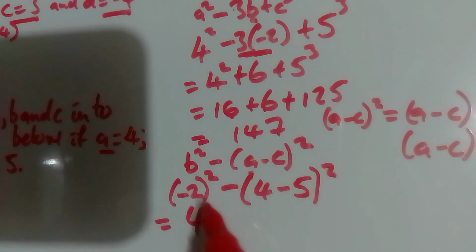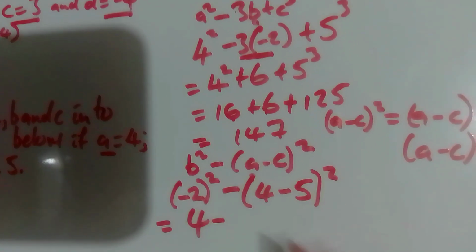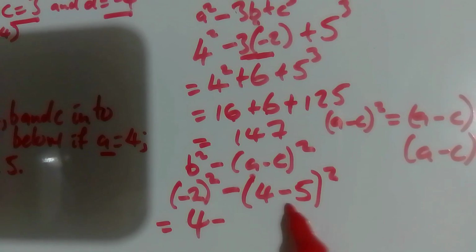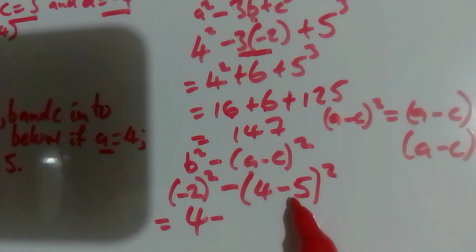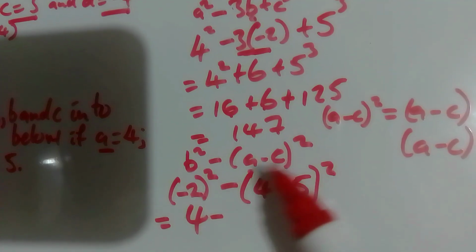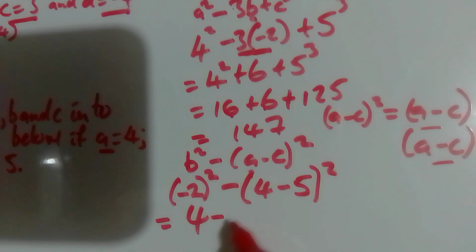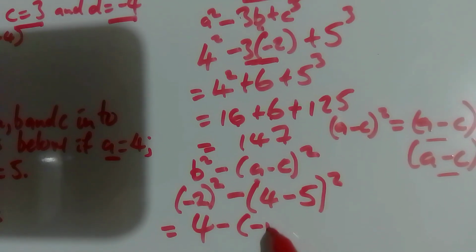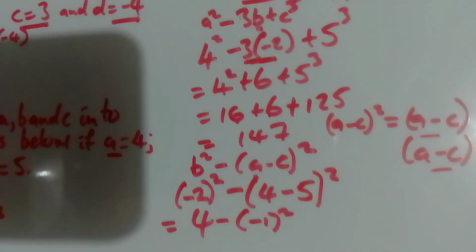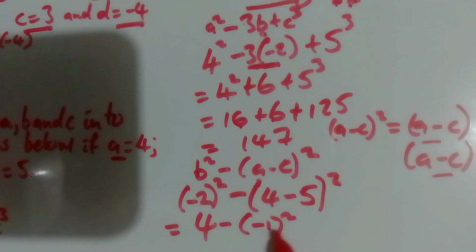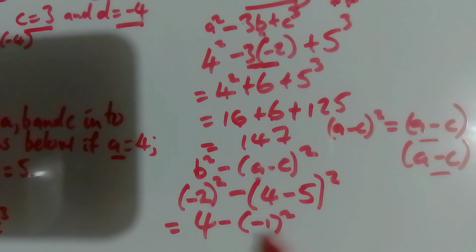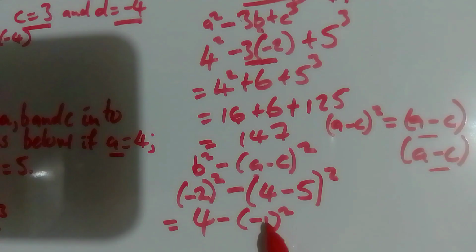All right, here we've got a minus, so we write our minus. Now on the bracket we must start inside. It's written 4 minus 5, which gives us -1. So we may not have to follow this method. Why? Because now I've got a (-1) squared there. So I can simply use my laws of exponents, because now I've got a single figure.